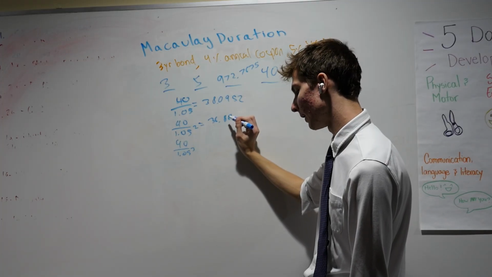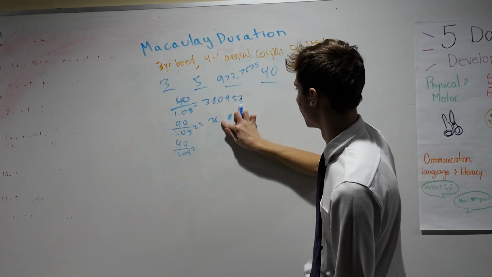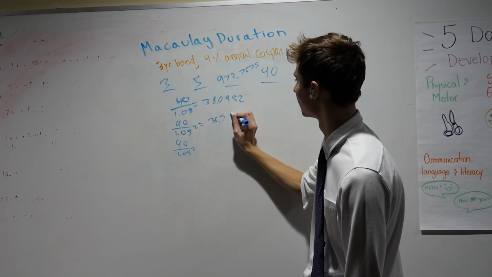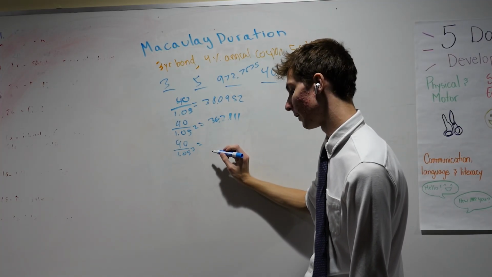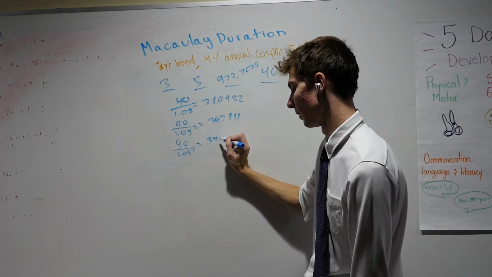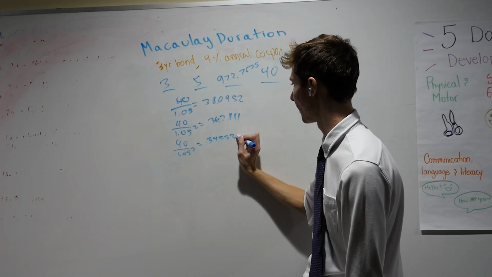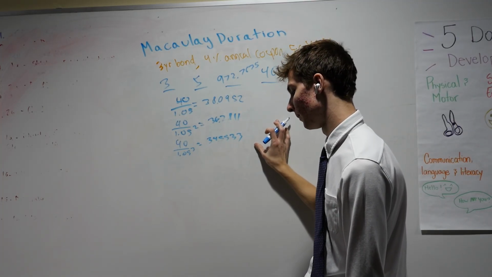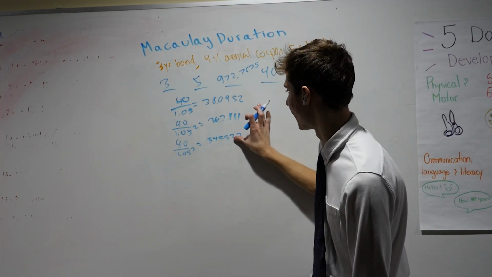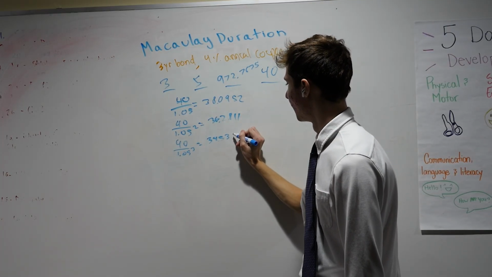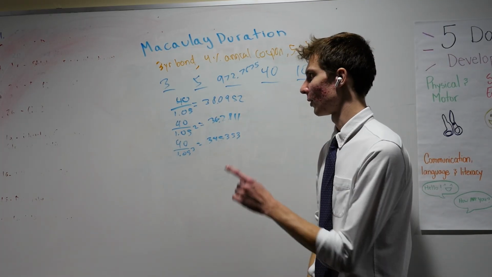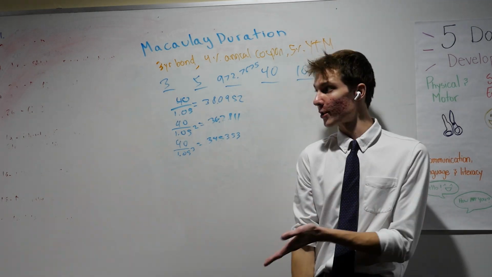Might be wrong about that. No, it's 28, sorry. 36.2811. For this one, you get 34.5533. Sorry, 535. Sorry, I'm a little bit dyslexic. That's okay though. So you get the 3 cash flows.